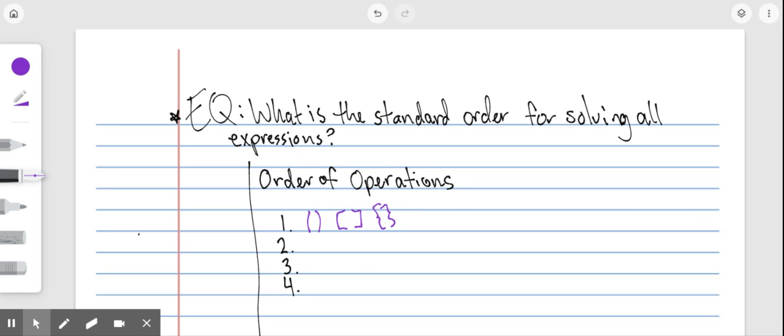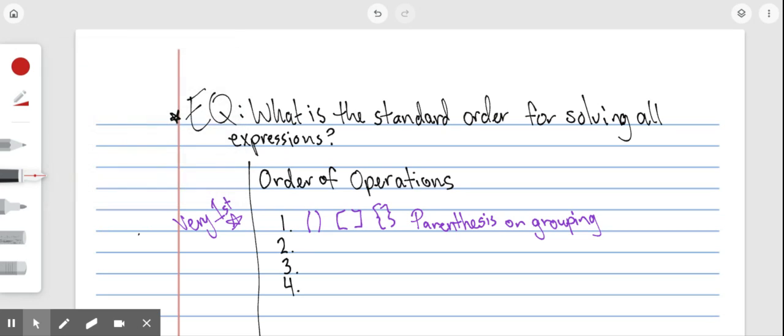I'm going to write parentheses, or grouping symbols. Now let's make a big note over here that this is the very first thing. Doesn't matter what else is in there, always look for parentheses first.